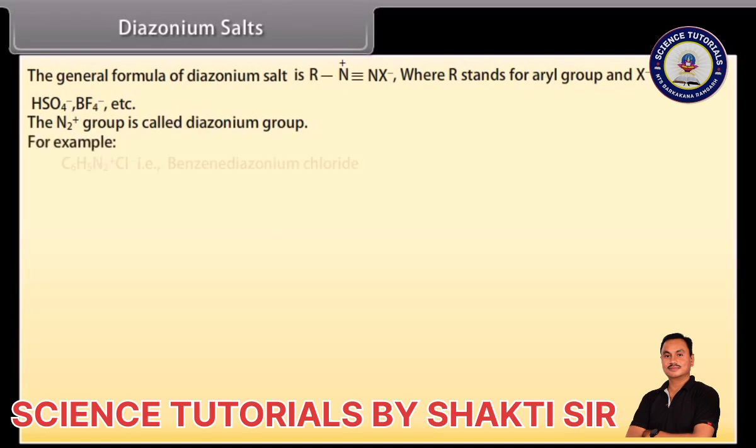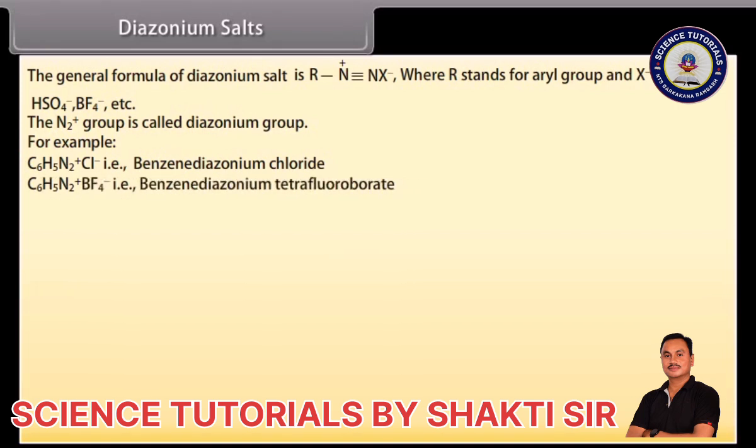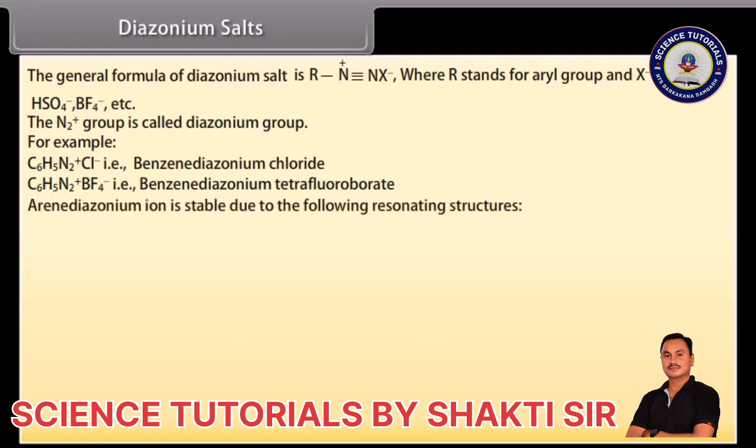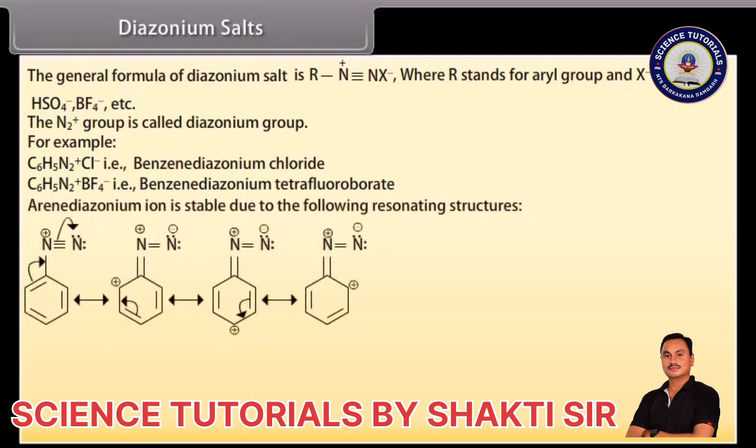For example, C6H5N2+Cl-, that is benzene diazonium chloride, and C6H5N2+BF4-, that is benzene diazonium tetrafluoroborate. Arene diazonium ion is stable due to the following resonating structures.